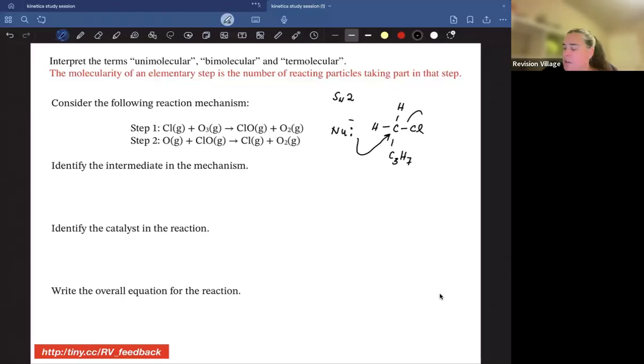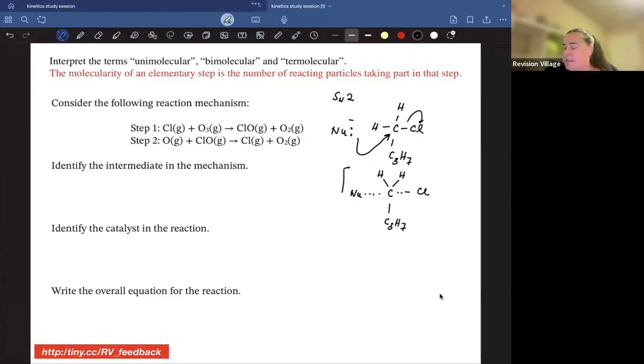And we're going to show that the chlorine's going to leave. And we say this happens in a concerted step to make that intermediate. Right? So we're showing you blow by blow what happens in this reaction.